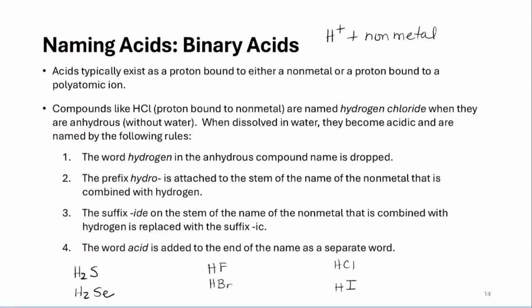So when it comes to naming binary acids, since we are going to start with hydrogen, then the name of a binary acid is going to start with the word hydro.